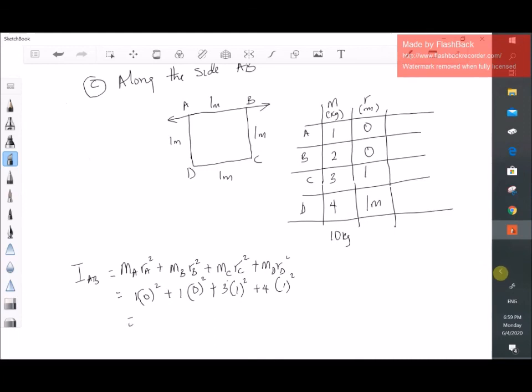So as you can see, this is 0, this is 0, so we have 0 plus 0 plus 3 times 1 squared is 3, plus 4 times 1 squared is 4. So my moment of inertia at AB is 7 kilogram meters squared.